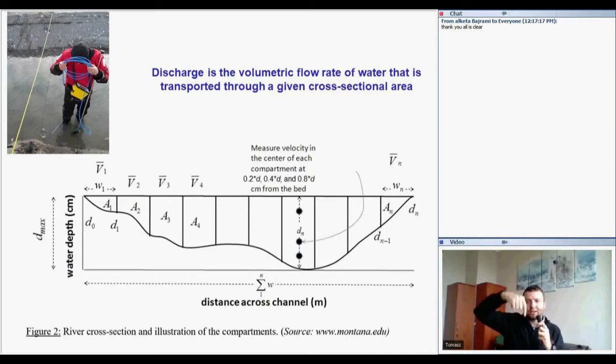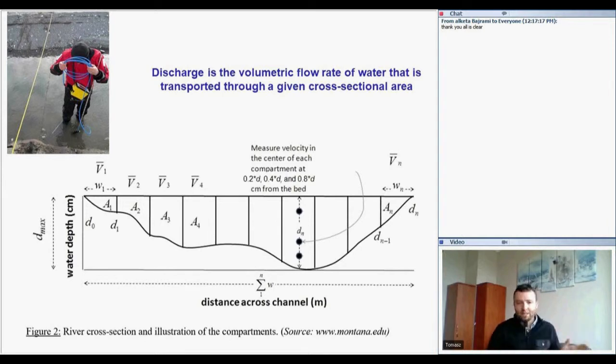And when you measure in different points, for example, each meter or half a meter, the depth of this river, and then you measure the velocity of water that flows, you have the distance across the channel, you have water depth, and when you have the velocity, you can say about the volume of water that goes through this cross-section.